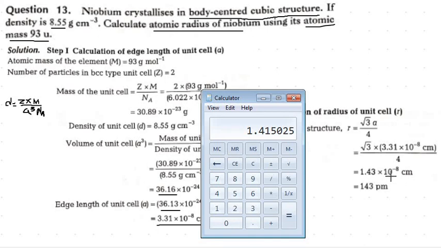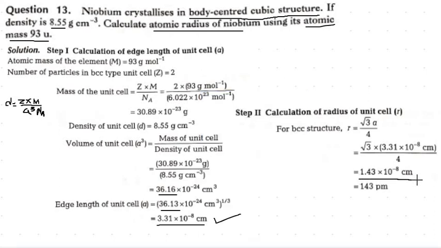Both the answers are correct, into 10 to the power minus 8 centimeter. Okay, and if you wanted to convert this into picometer, the value will become 143 picometer. So 143 picometer is 143 into 10 to the power minus 12 meter. Okay, so both the answers are correct. Later you can take 143.